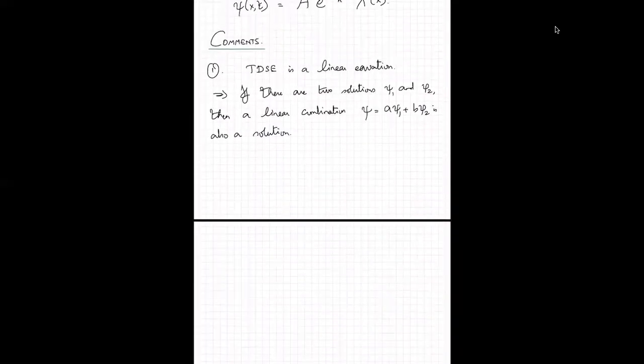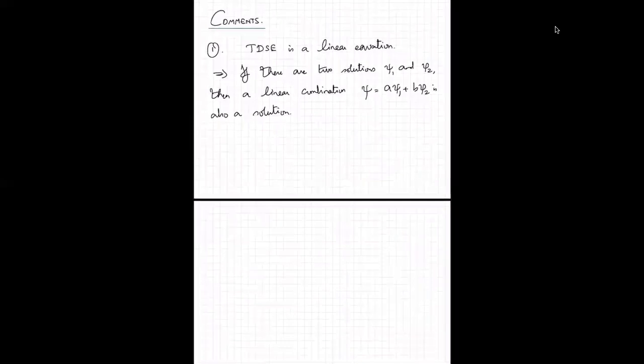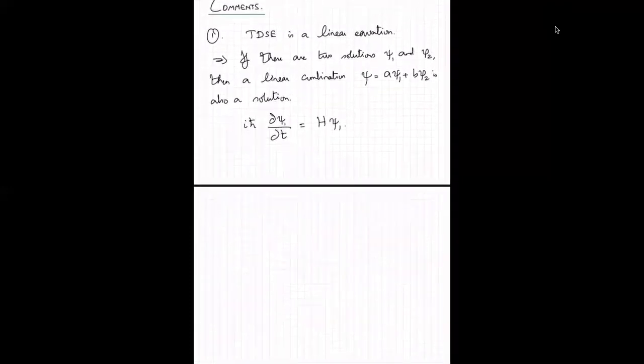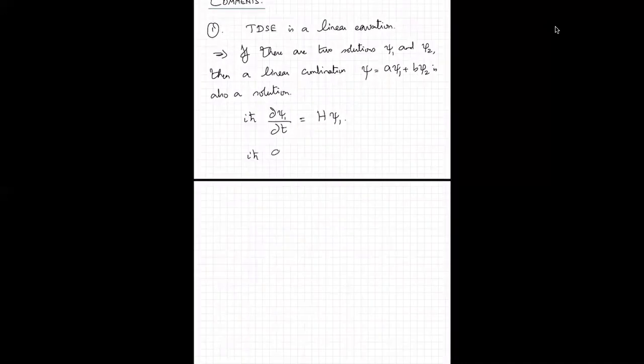This is the principle of linear superposition. Let's investigate. Psi 1 and psi 2 are solutions of the time-dependent Schrodinger equation, so I can write down two equations: i h bar d psi 1 dt equals H psi 1. I don't want to write the entire thing again, because I simply want to prove this to you. I can also write the exact same equation for the second solution, H psi 2.